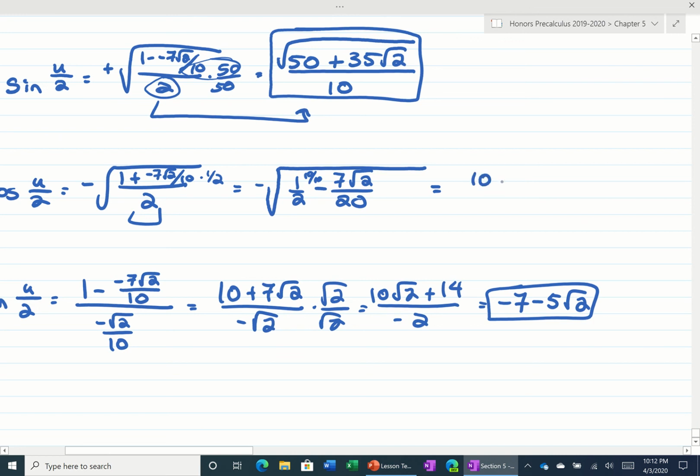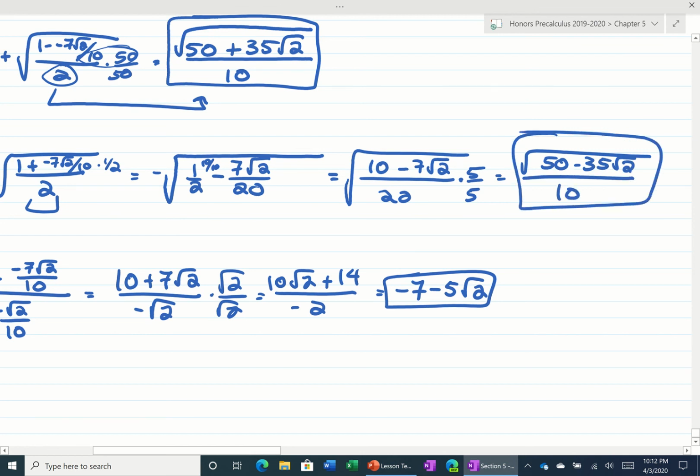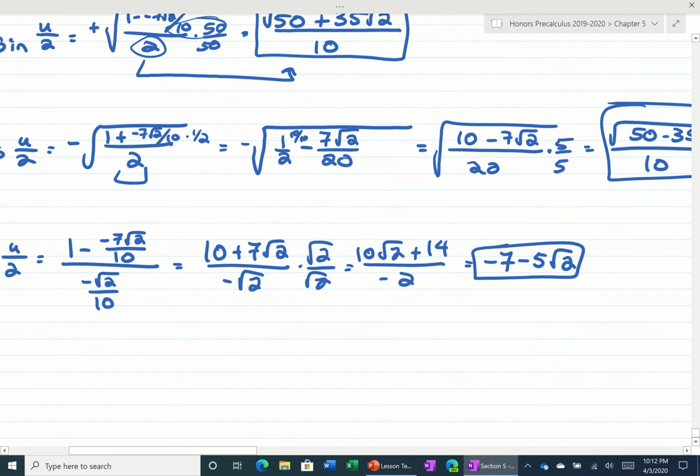This would be 10 minus 7 root 2 all over 20. And we want to try to get a perfect radical in the denominator, so we can multiply top and bottom by 5, giving us the square root of 50 minus 35 root 2 over the square root of 100. So you can see it's a similar answer to the one that we got before.